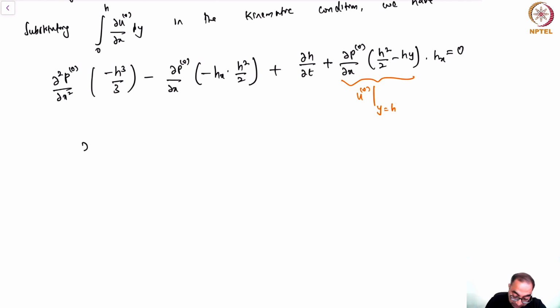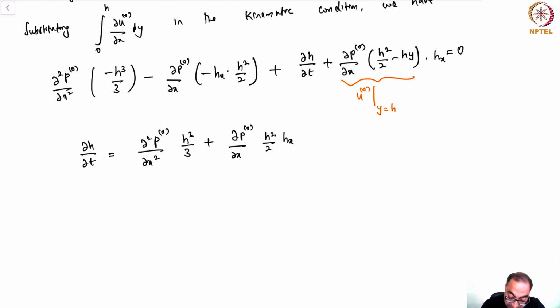So I can pull this out. I have del h by del t. Essentially, we can do some simplification, and we get the first term would be del square p0 by del x square times h cube over 3. Now we can make some simplifications here. I have del p0 by del x terms here, couple of terms here, and some cancellations will happen, and I have del p0 by del x times h square over 2 times hx.